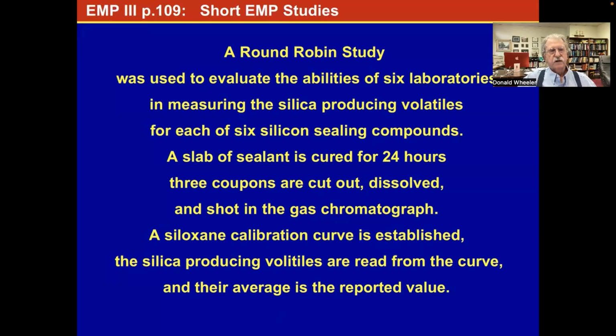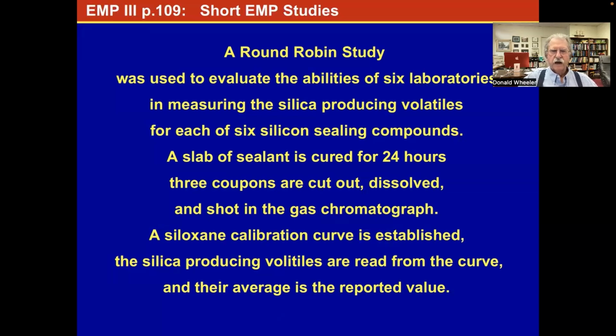To test this, a slab of sealant is laid out on a piece of glass and cured for 24 hours under fixed conditions. Then 3 coupons are cut from the slab, dissolved, and shot in a gas chromatograph.